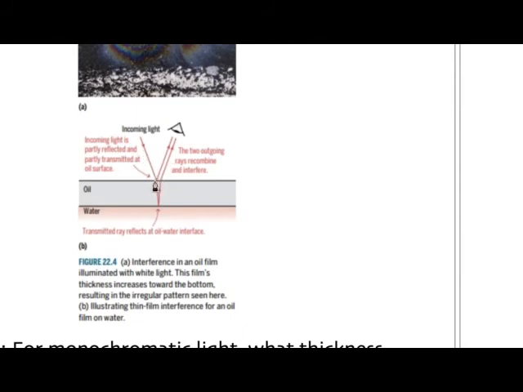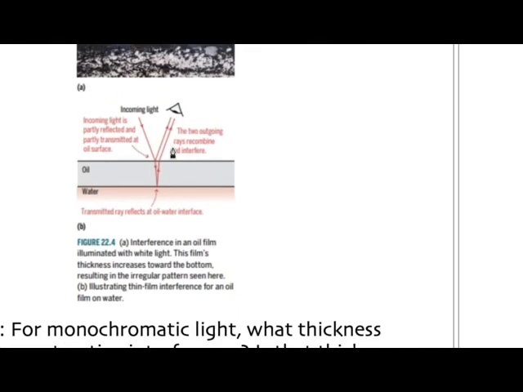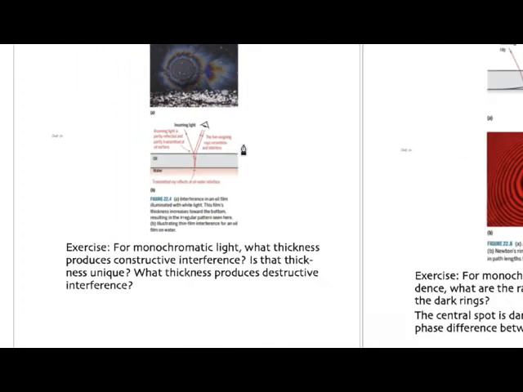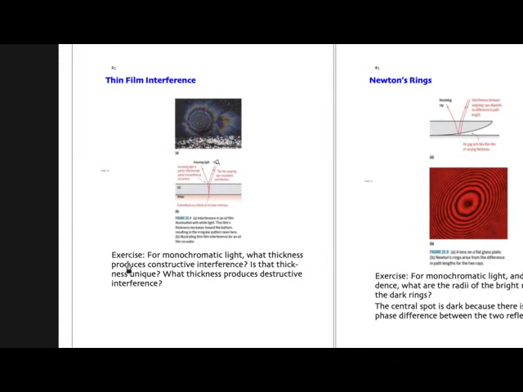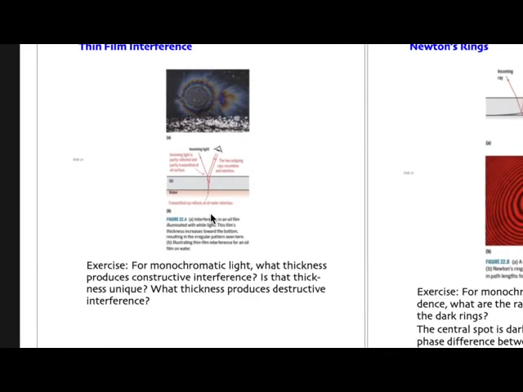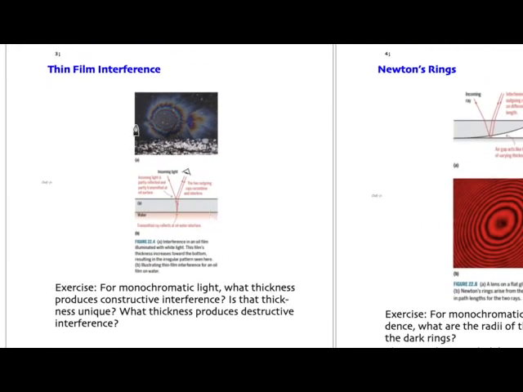If the thickness, it's actually traveling through the oil twice, so 2 times the thickness is equal to 1 wavelength, or 2 wavelengths, or 3 wavelengths, an integer number of wavelengths. So that allows you to calculate what thickness produces constructive interference for any particular wavelength. And that's in the book, and I won't go over it in the screencast here. I'll leave that as an exercise for you. Just look it up in the book.